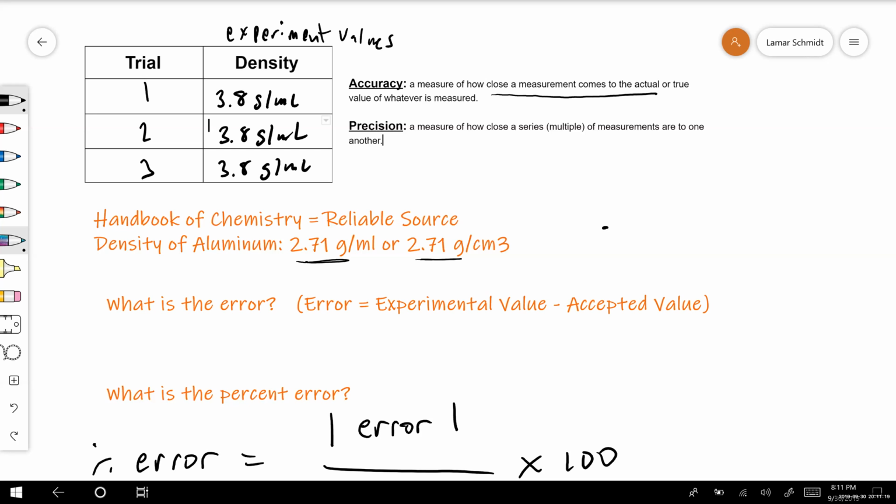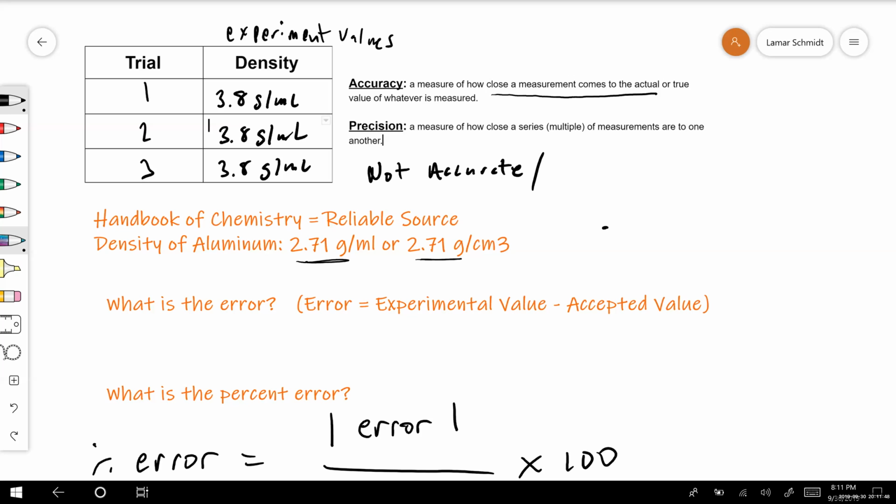If we look at the results and compare them for accuracy to the reliable source or the actual value, we see that 2.71 and 3.8 are quite different. And so we would definitely say they are not accurate. But we would say that 3.8 and 3.8 and 3.8 are really close to one another.